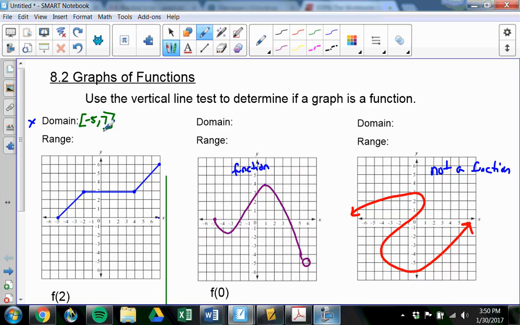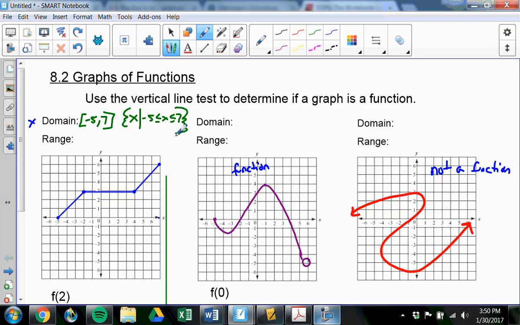The other way to write it is what's called set builder notation, where the curly bracket means set of. The set of all numbers x such that, that vertical line means such that, -5 is less than or equal to x, which is less than or equal to 7. I much prefer interval notation to set builder notation, but you're going to be familiar with both, especially if you're going to be doing the College Now credit.